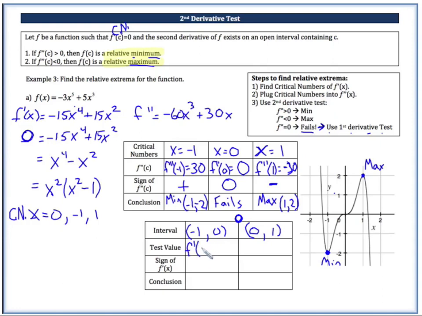So this is going back to what we did a couple days ago. Let's try f prime of negative 1/2. And where are we going to plug this in? Into the first derivative, because we have to go back to the first derivative test.